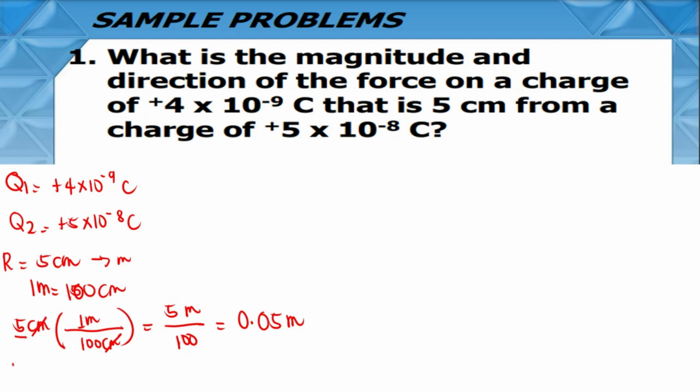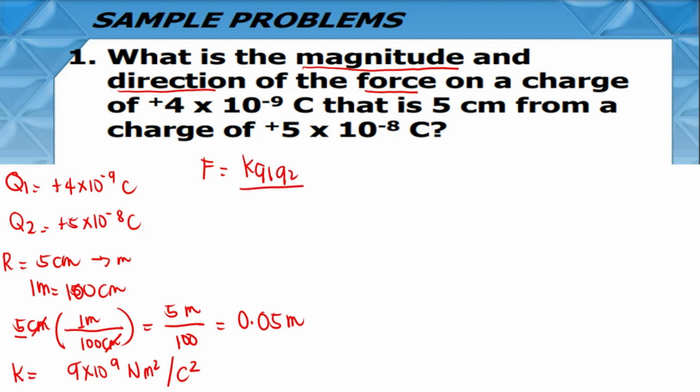Yan. Since we already have our r, therefore, we can now solve for the unknown. But before that, sulat muna natin yung k constant value natin dito, which is 9 times 10 raised to 9 newton meter squared per coulomb squared. So since we are looking for two things here, the force and the direction of the charge, let's try to solve first for the magnitude of our force. For that, all we have to do is use the formula F is equal to k Q1 Q2 over r squared.